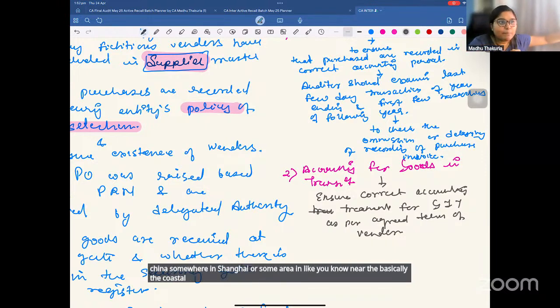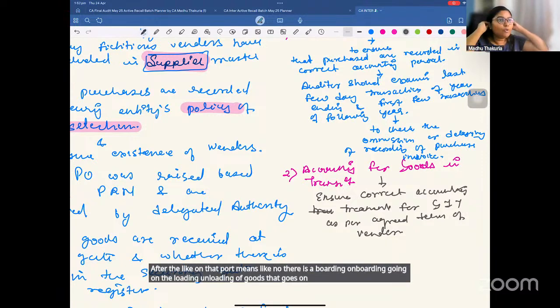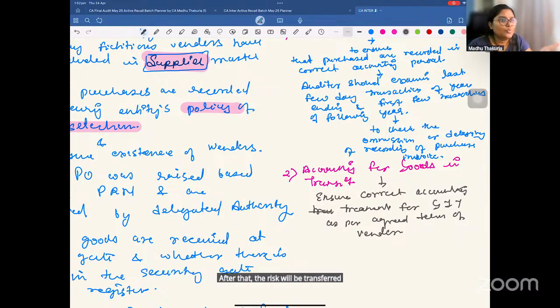They have agreed that they will only deliver the goods on board. At the port there is loading and unloading of goods. So the moment the goods are onboarded on that ship at the port in China, after that the risk will be transferred to your client.